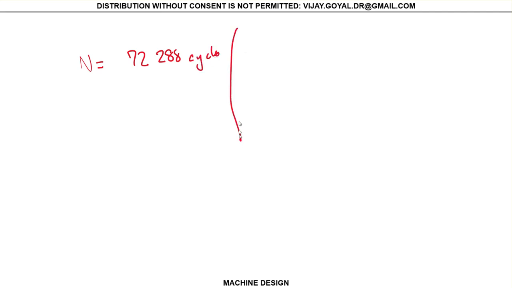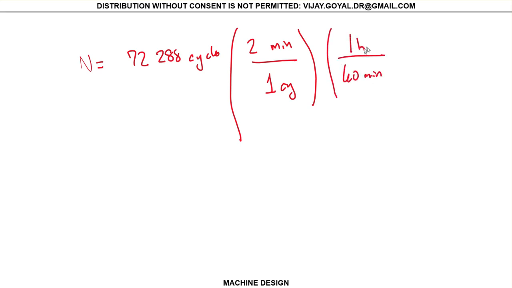and your problem says that this is happening in 2 minutes. Every 2 minutes, one cycle is repeated. We know there are 60 minutes in 1 hour, and we know that it's working 8 hours per day. So let's see the life of the structure.